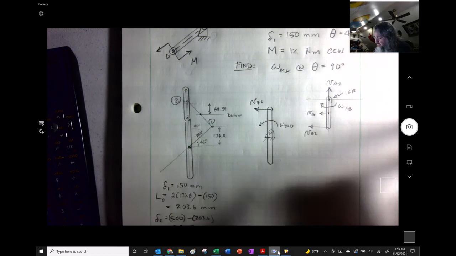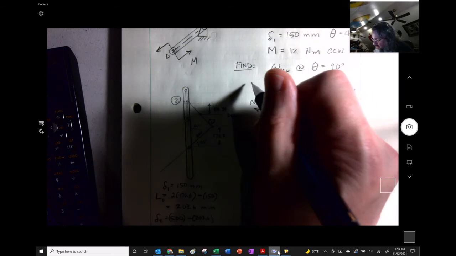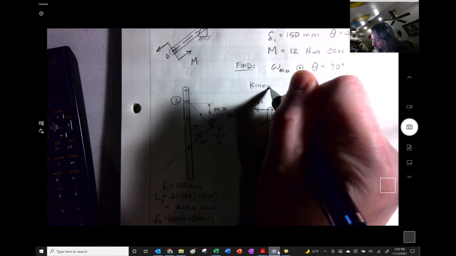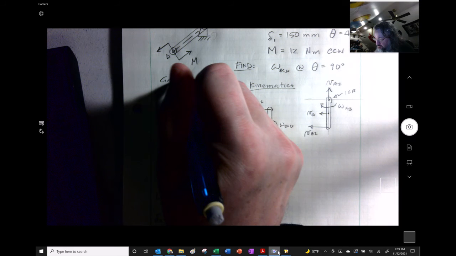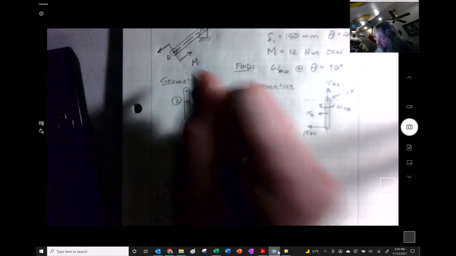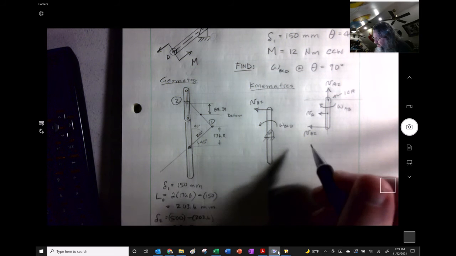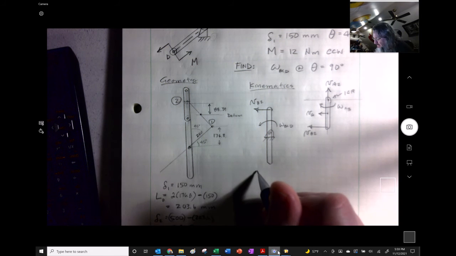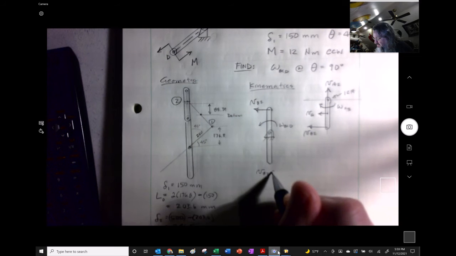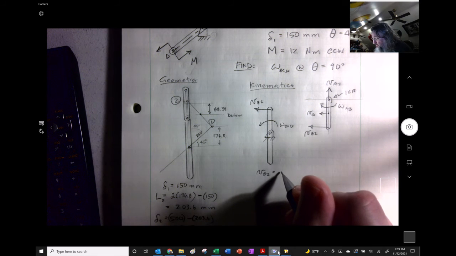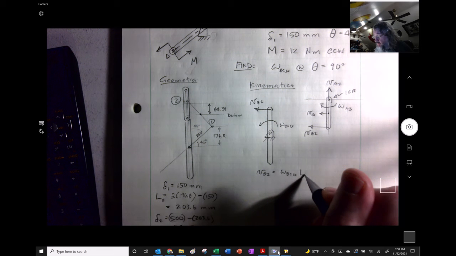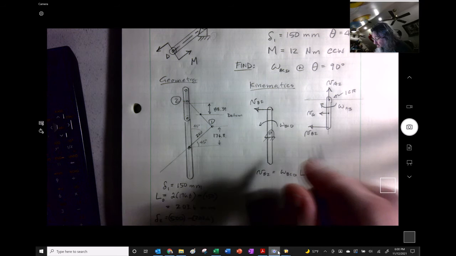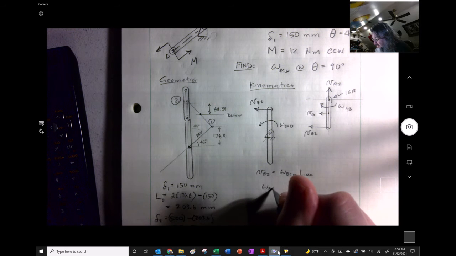All right, so for the kinematics of this, maybe I'll write this as the kinematics. And this is like the geometry. For the kinematics, let's say that VB2 is equal to omega BCD times L BC.